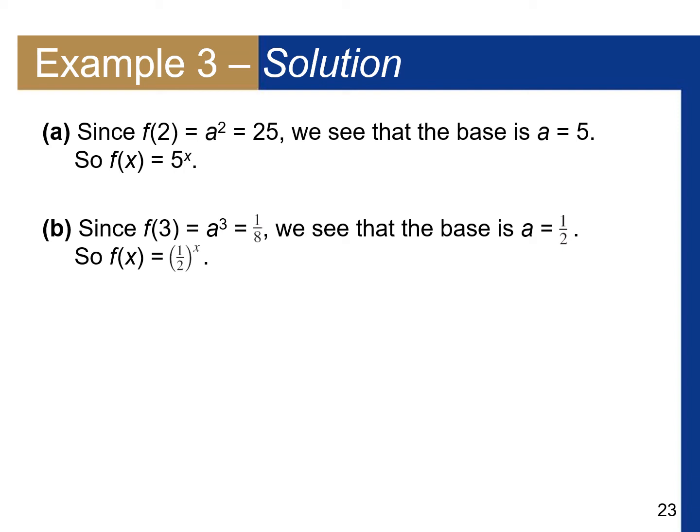Now, I put 2 to the negative x, and remember that's because 2 to the negative x is the same as 1 over 2 to the x. So if I have 2 to the negative 1, that's going to be 1/2.